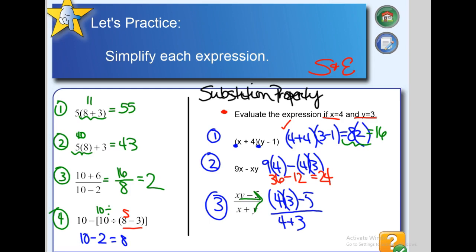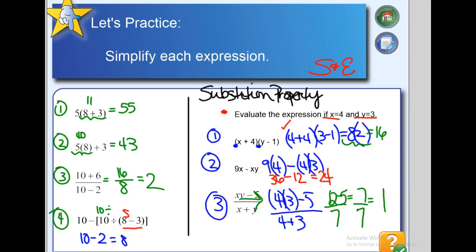So 4 times 3 is 12 minus 5. And then I know 12 minus 5 is 7. Let's look in our denominator. What's 4 plus 3? 7. So now we've got 7 over 7. Remember, the last thing we do is divide. So we have 7 divided by 7 is 1.